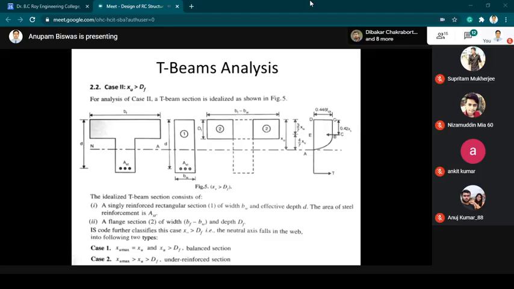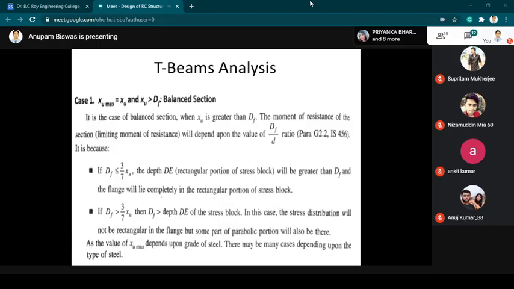Now moving to the next portion, let us consider case one, when the section is balanced, meaning the value of XU max is equal to XU. For that condition, let us see what we are dealing with according to clause G 2.2 in IS 456.